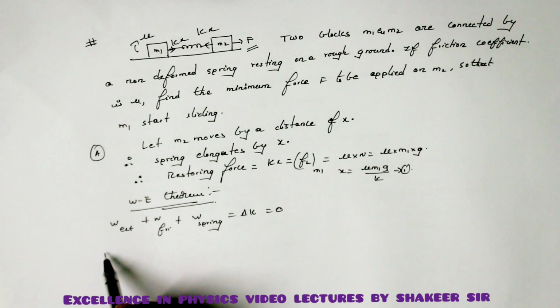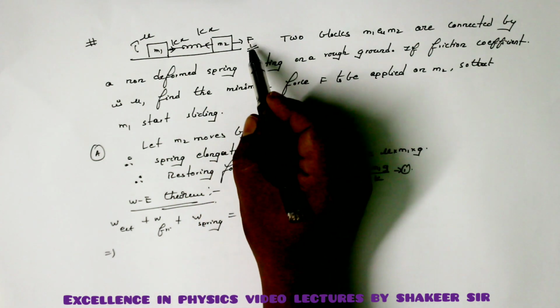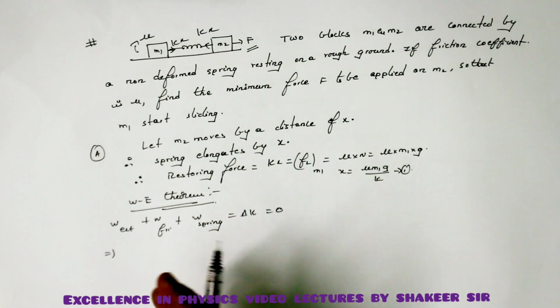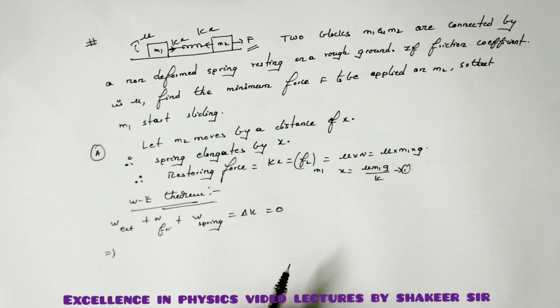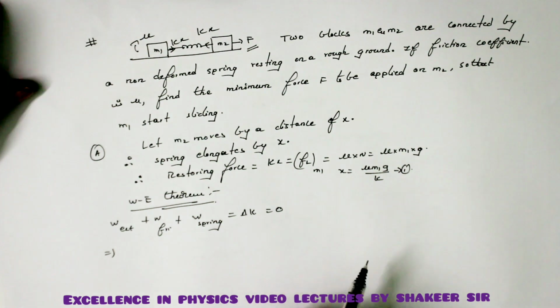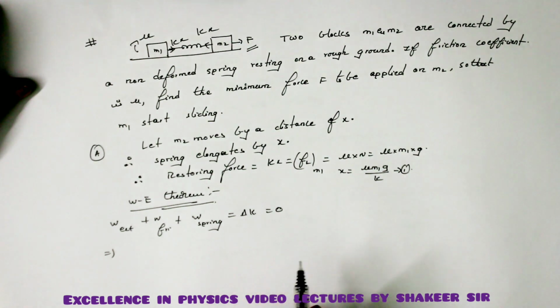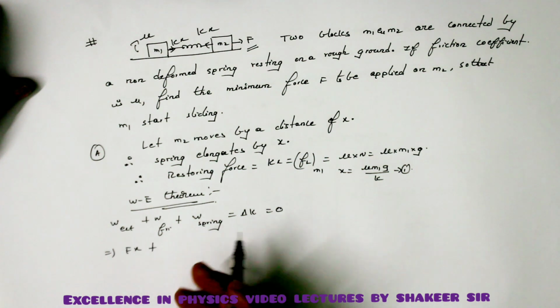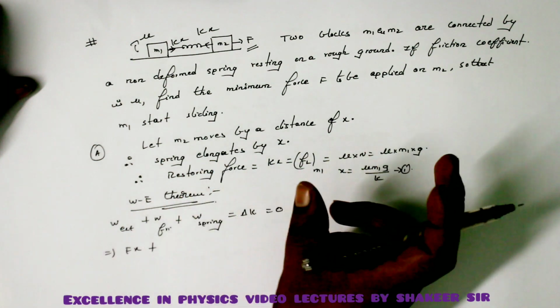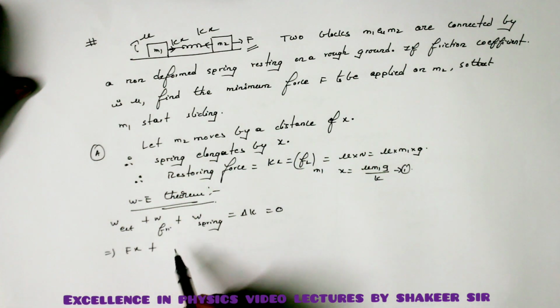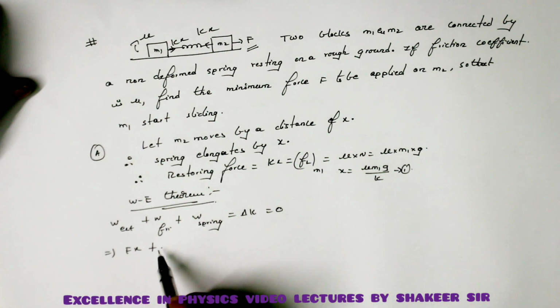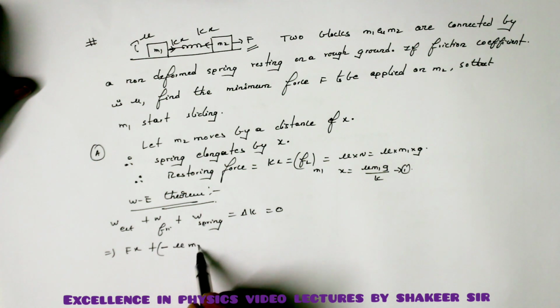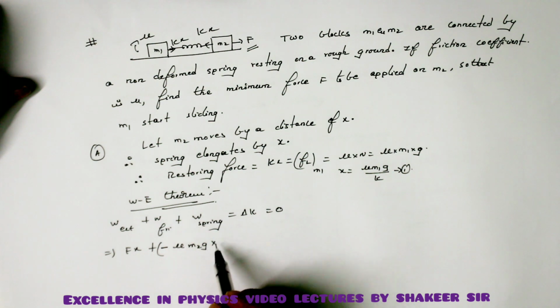External force is applied in one direction, and displacement is also in the same direction, so work done due to external force will be positive. Therefore I can write F into x. And work done due to friction will be negative because m2 moves in one direction and friction acts in the other direction. So minus mu m2 g into the distance moved by m2, which is x.